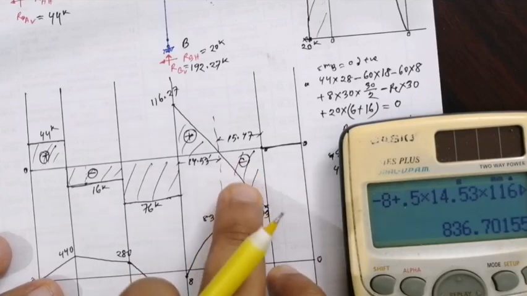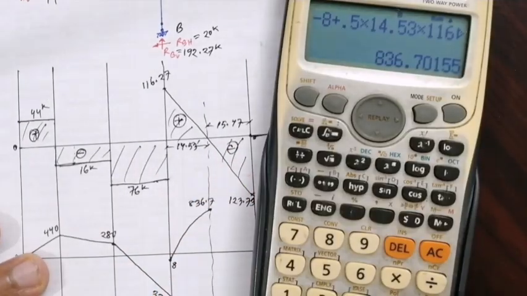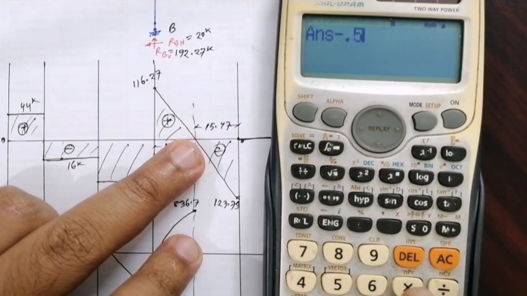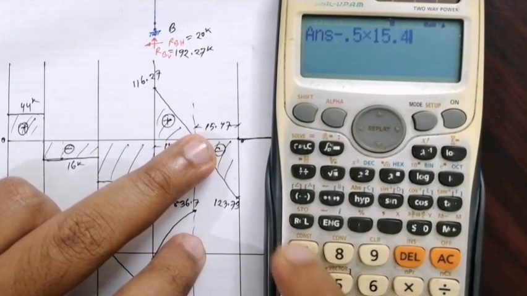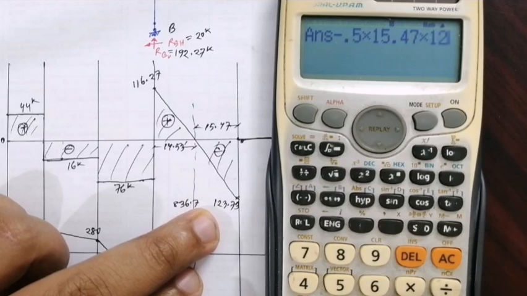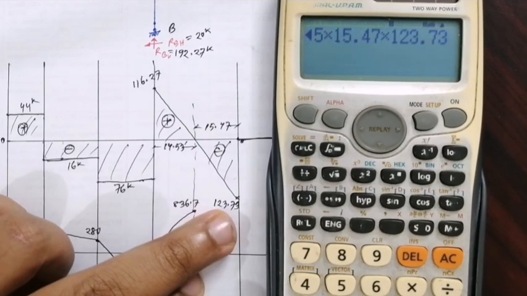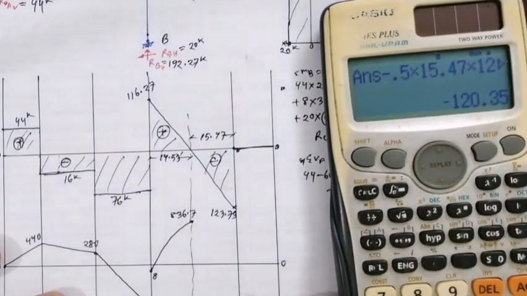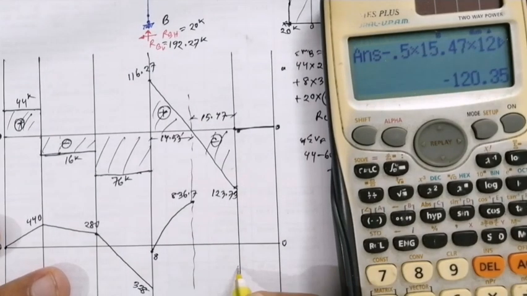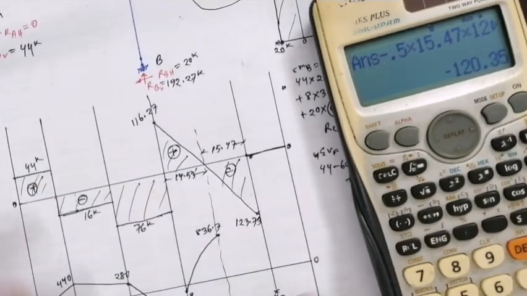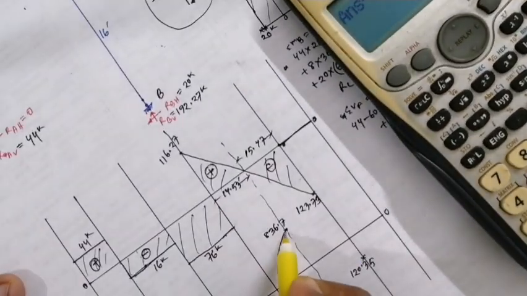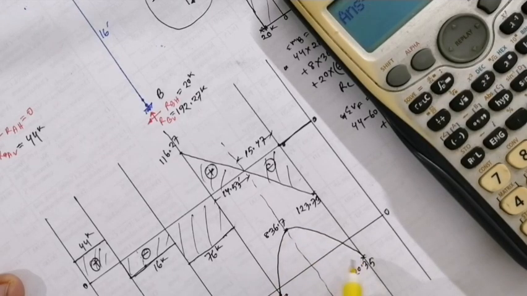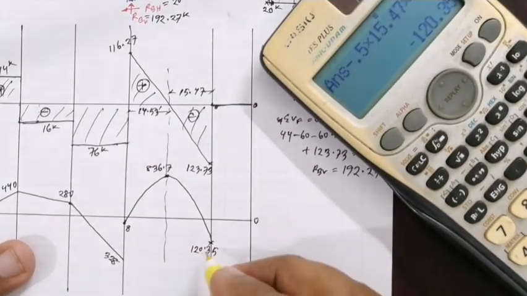Now the negative triangle, so minus half into base 15.47 into height 123.73, this is minus 120.35. This is also a curve.